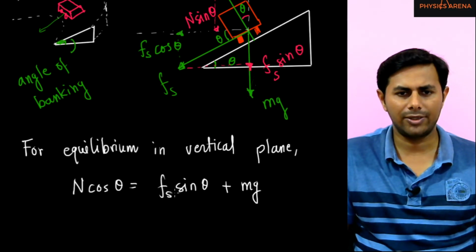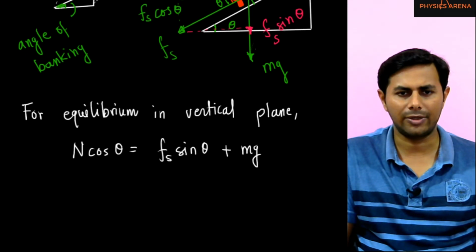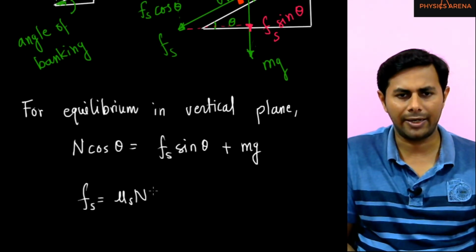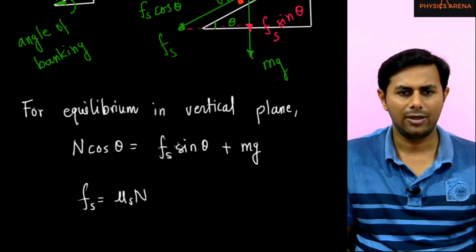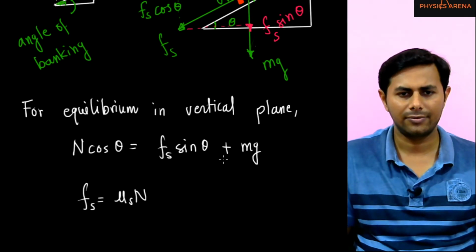Then I can substitute the value of Fs, the static friction. So Fs is mu s multiplied by N. I will substitute that here, and take the terms containing N on the left hand side.